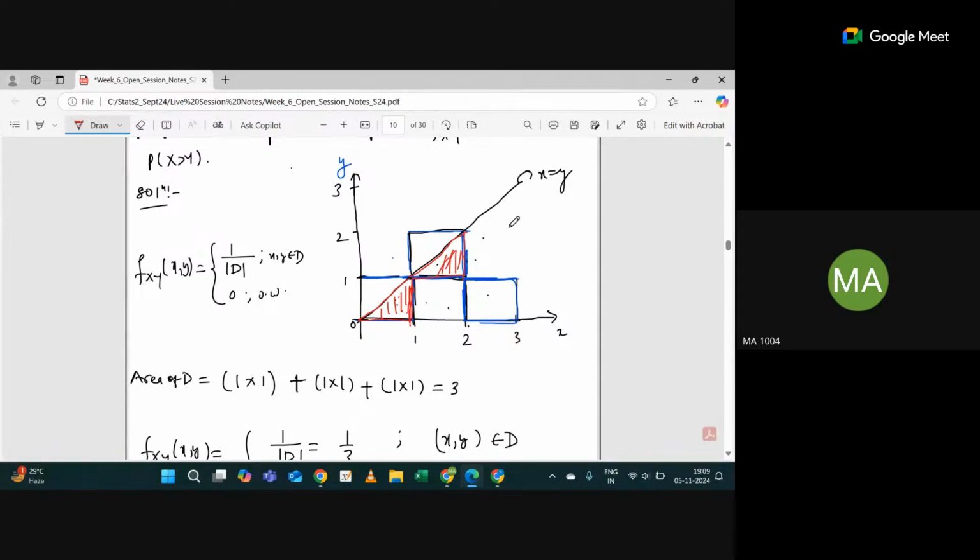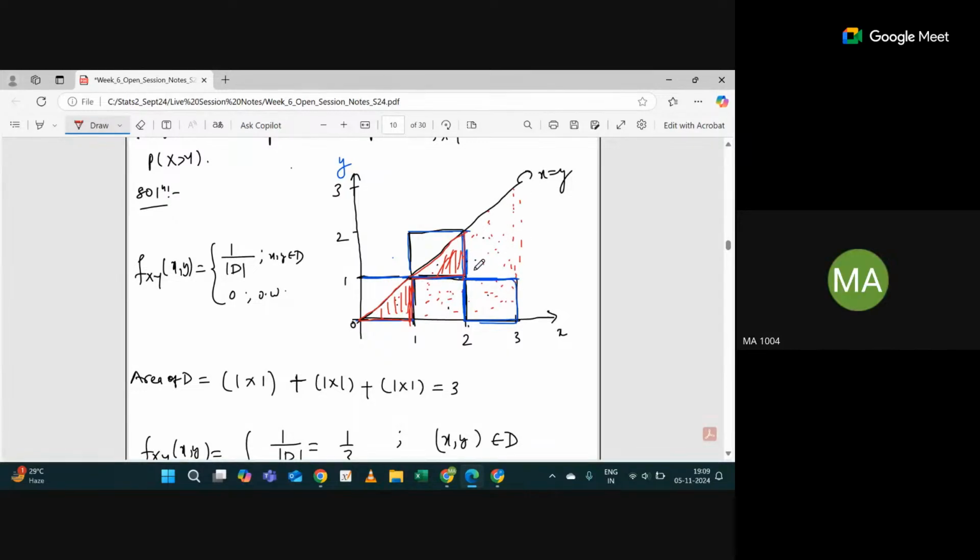Can you draw any region, or do we need to do something else? No, sir, this third square is there, sir. It's the total area of the third square, because it will cover this part. I didn't understand what you're saying, sir. See, we are interested in the red dotted line, below this x equal to y.